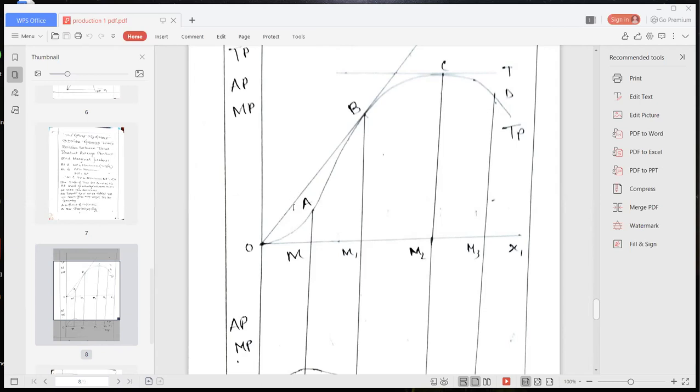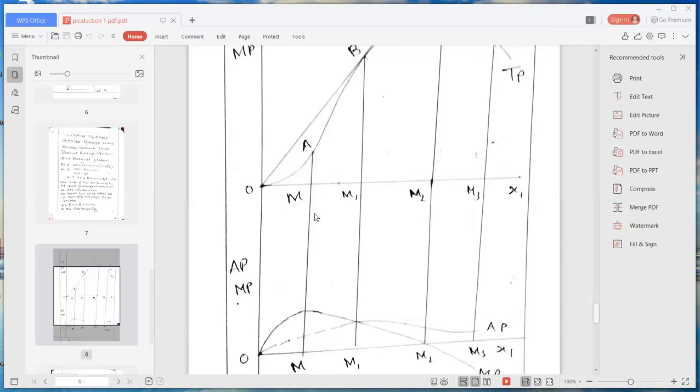It is a point at which the curve changes its shape from convex to concave, or from concave to convex. A is the point of inflection. At the point A, the total product increases at a constant rate. That means the marginal product is maximum.